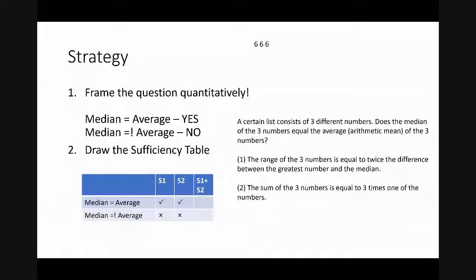And if that combined condition is still not sufficient, then I will move on to my only remaining answer choice, which is E, which means that neither of these conditions is sufficient. So that's the only option that is left.